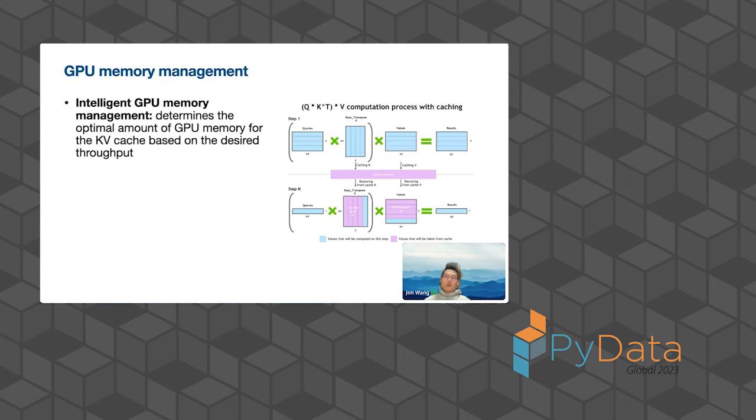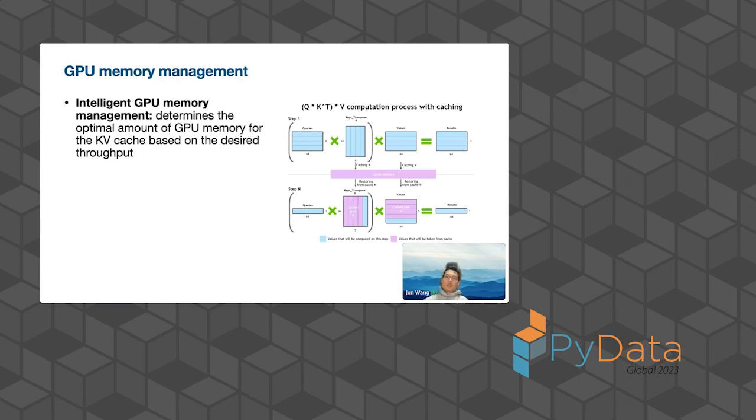During inference, GPU memory usage is actually divided into three main parts: the model weights, the activation, and the KV cache. Generally, the KV cache is a technology to accelerate inference, and it often occupies the most GPU memory. And generally, the more GPU memory allocated to KV cache, the higher throughput you can achieve.